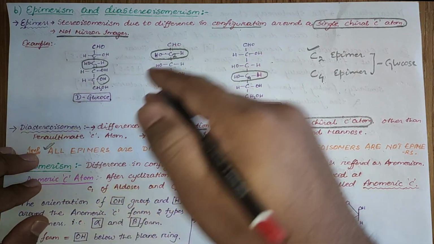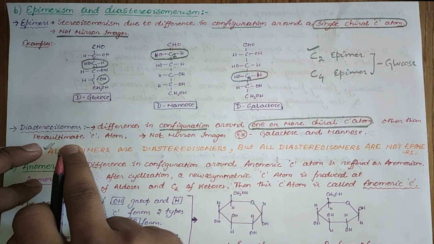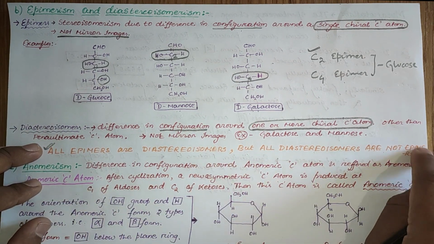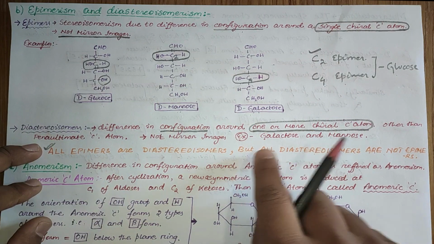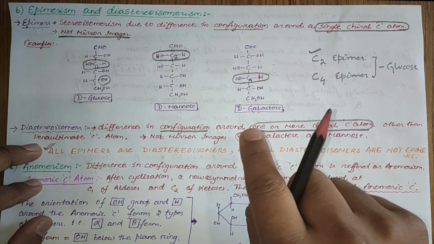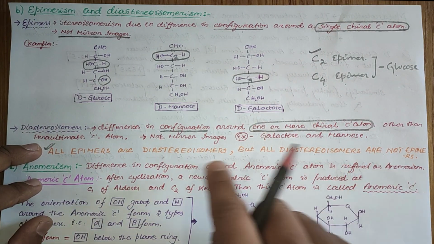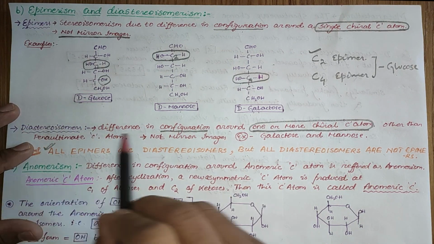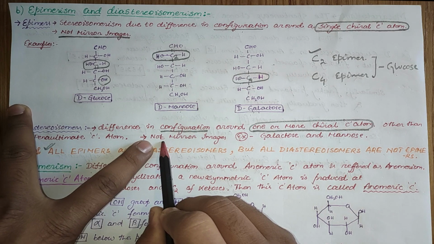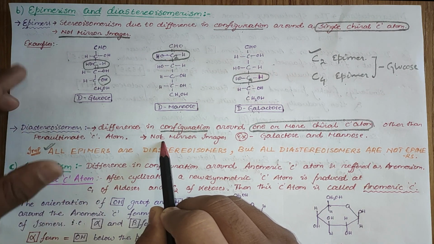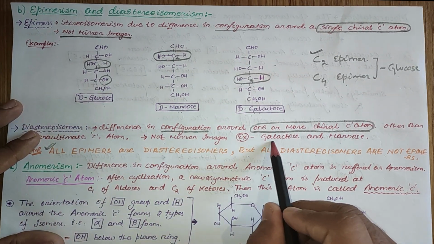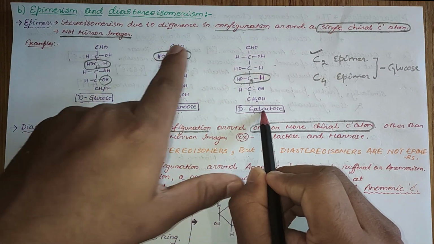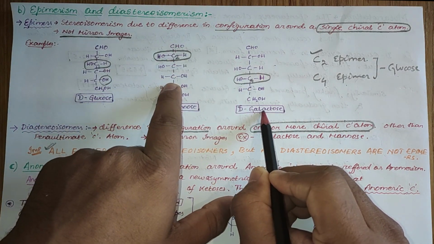All epimers come under the diastereomers, but all diastereoisomers are not epimers, because epimers contain a change in configuration around one carbon atom, but diastereomers around one or more than one. One thing is that they are not mirror images of each other, same as epimers. An example is galactose and mannose. How are mannose and galactose diastereomers of each other?